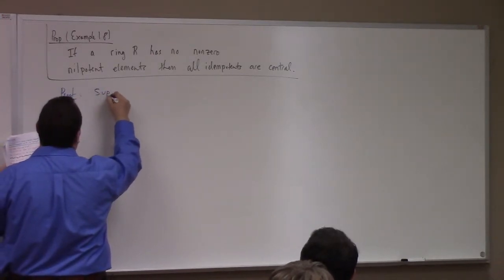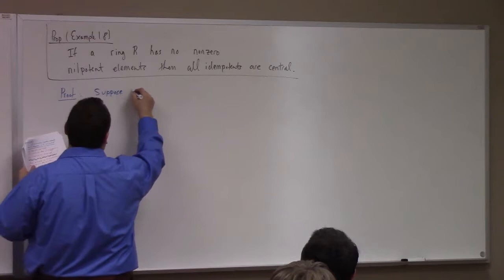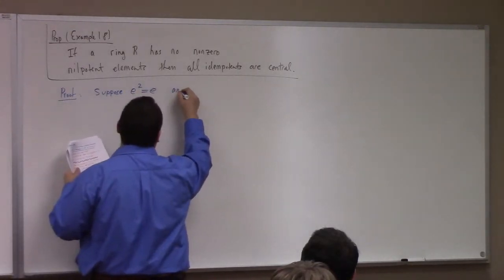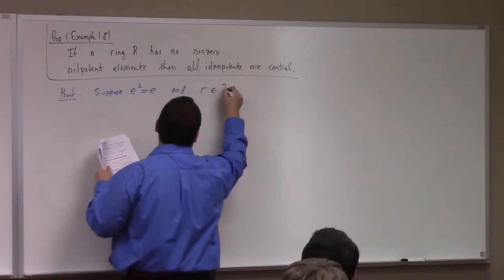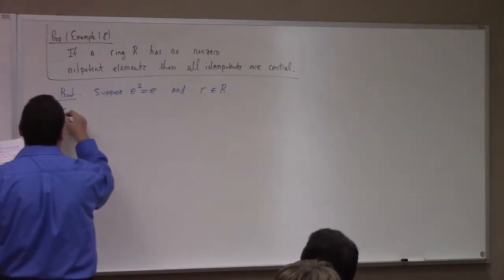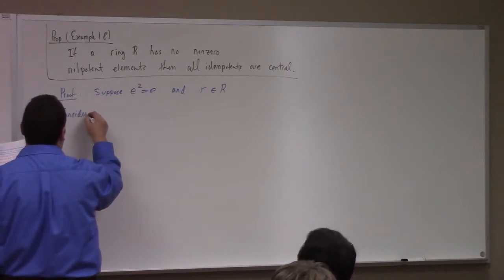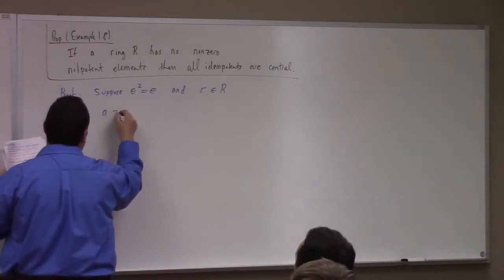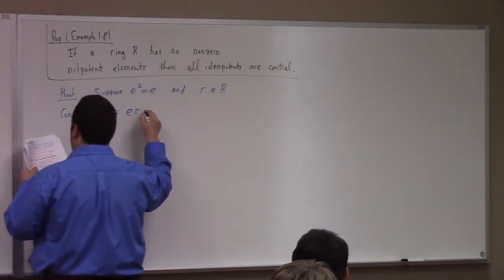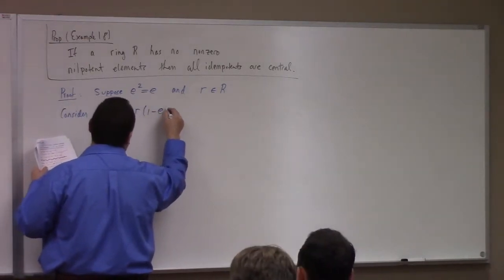We're going to suppose that we have an idempotent E, E squared is equal to E, and we'll let R be an element of the ring. Consider, and this is the tricky part here, A equal to E times R times 1 minus E.